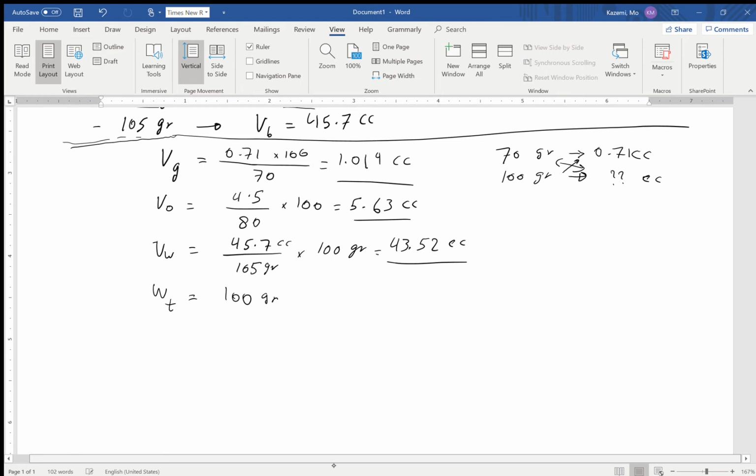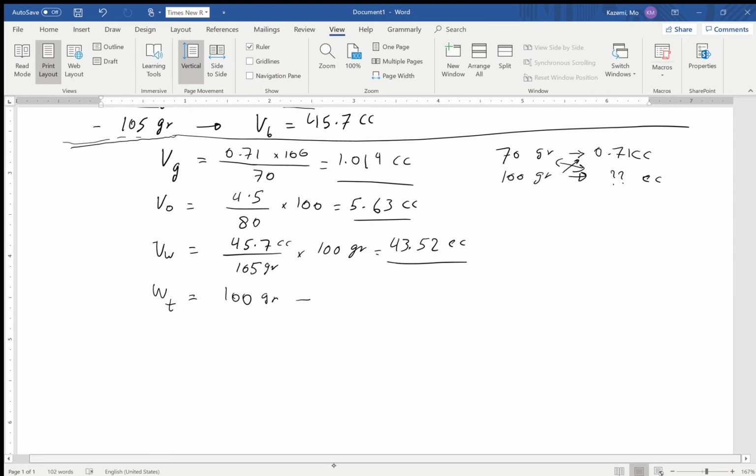We have a 100 gram sample, then how much of this 100 gram is the total weight of the rock grains and also the fluids? How much of this weight is only the grains? So we have to subtract the weight of the fluids from the total weight, which is 100 grams in this case, right? How do we calculate the weight of the oil?